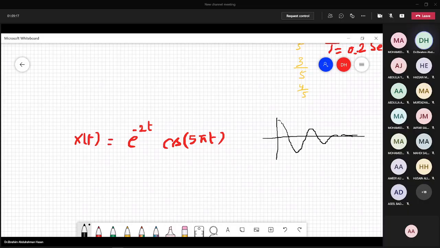And this is a non-periodic signal. Similarly, if it is t multiplied by cosine, it is non-periodic. Any function of t by itself is not periodic, so multiplied by a periodic one, we get a non-periodic signal.